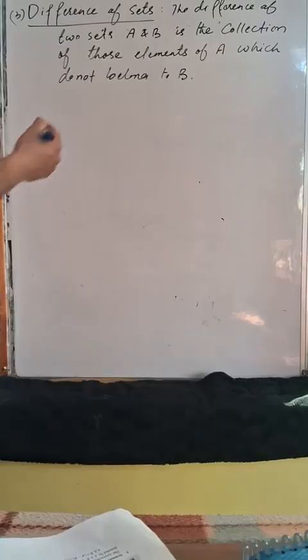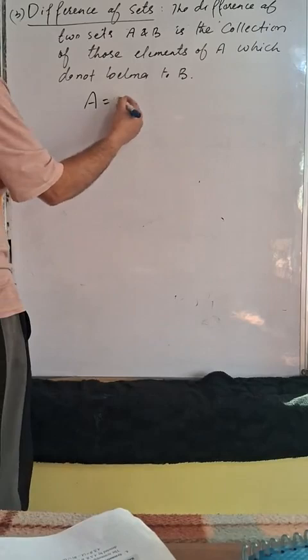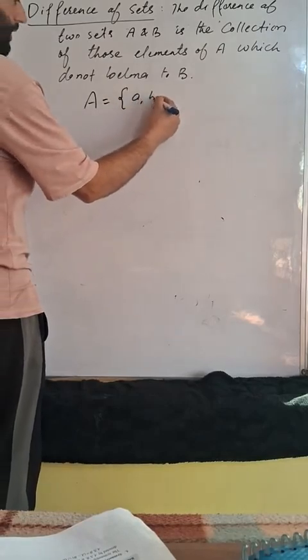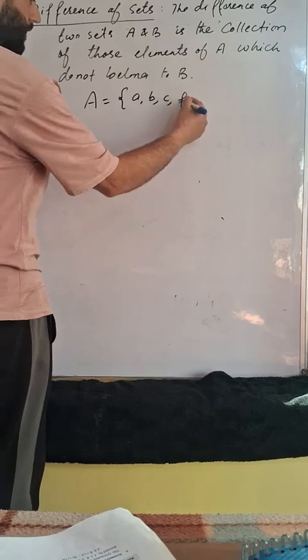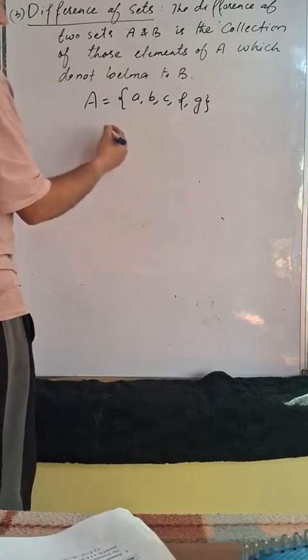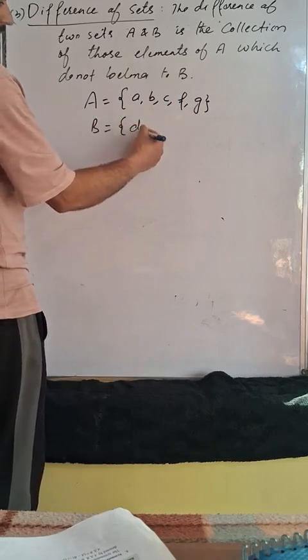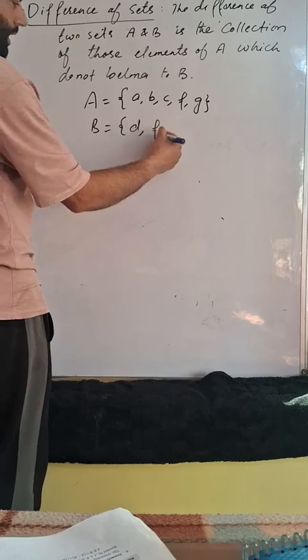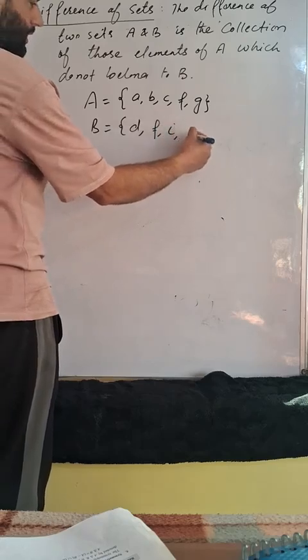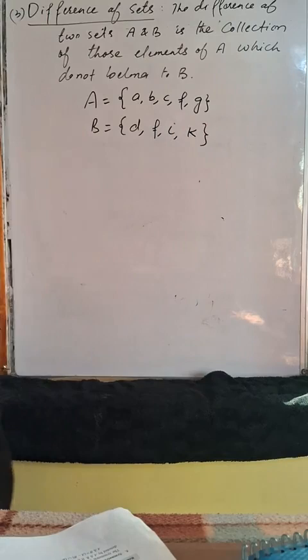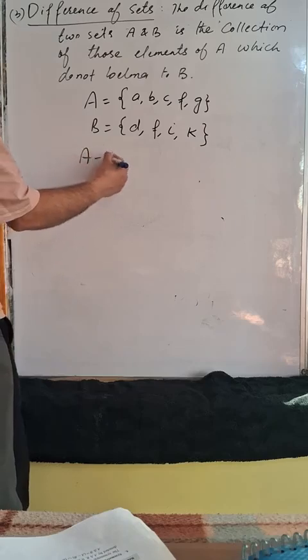Let us take another example. If A is equal to {a, b, c, f, g} and B is equal to {d, f, i, k}. These are the two sets. Then what will be A minus B?